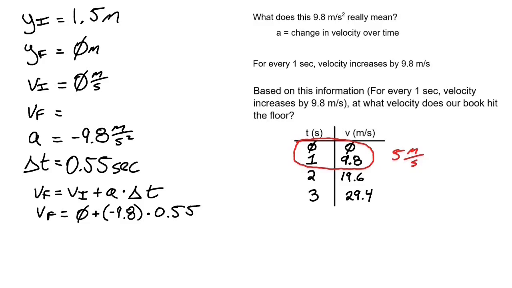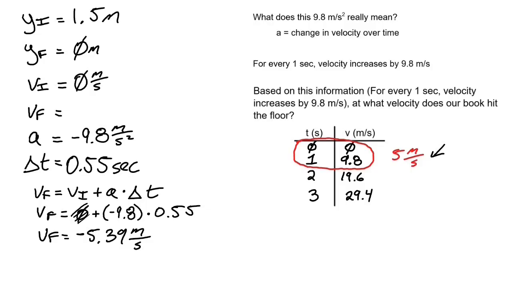All we have to do is plug this in the calculator and we get our answer. This 0 provides no value, so we have a plus negative 9.8 times 0.55, so we have negative 5.39 meters per second. Our guess was pretty spot on. Well, not exactly, but pretty close.